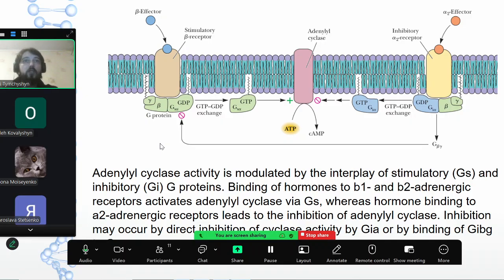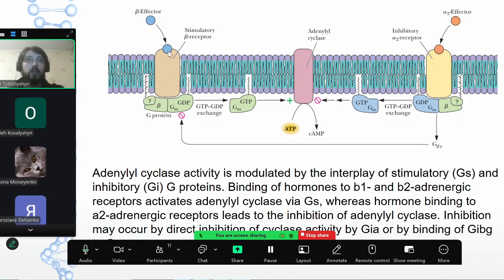When we have a G protein activated, that activated G protein can either activate or inhibit something inside the cell. In this case, it activates or inhibits adenylyl cyclase, which will synthesize cyclic AMP from ATP. It will remove 2 of the phosphates and create that sort of cycle I showed you on the previous slide. And here you see how that is regulated by G proteins.